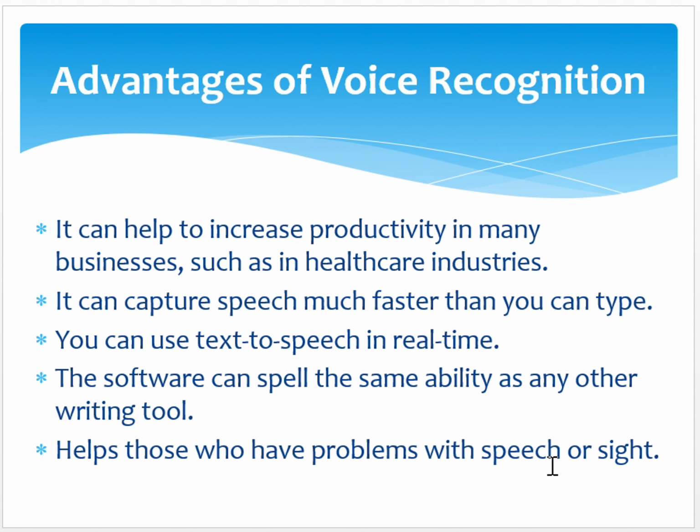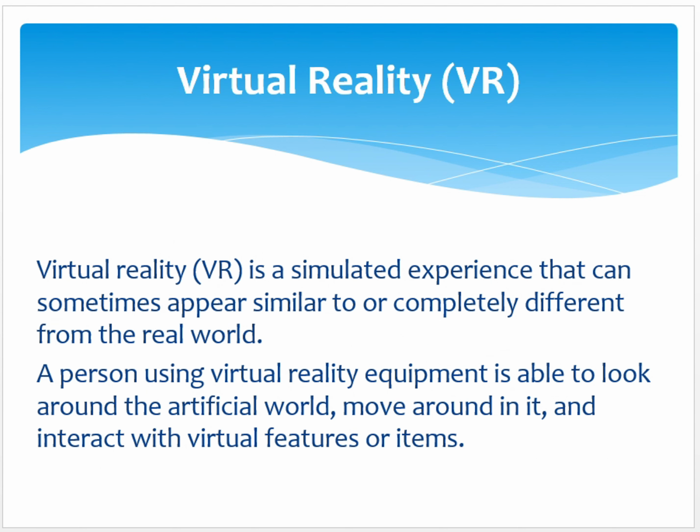Then we have VR, which is virtual reality. This is an experience that is simulated to appear like the real world, but it isn't. So a person using virtual reality equipment will appear to be in another world that isn't real, but appears to be real, and is able to interact with that world using the sensors.